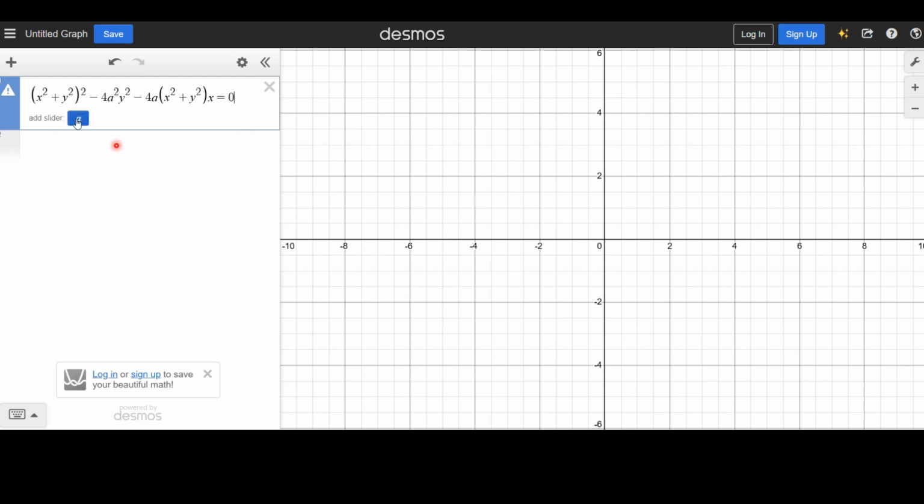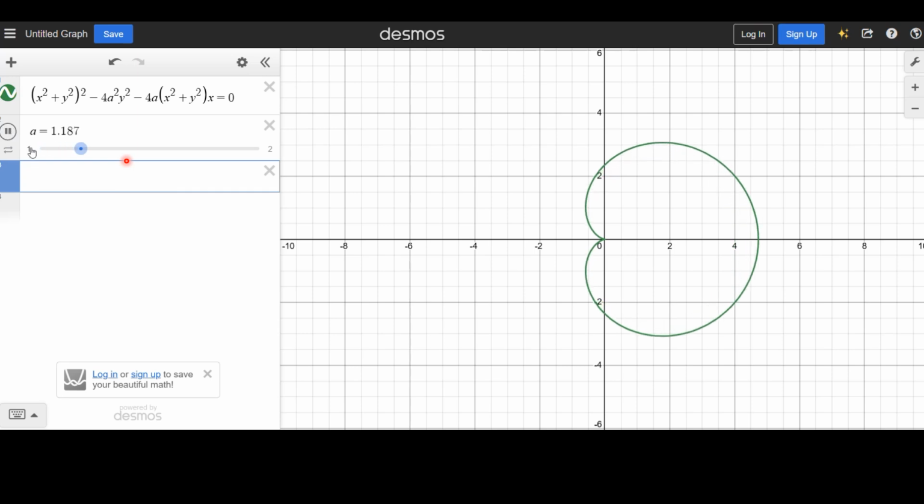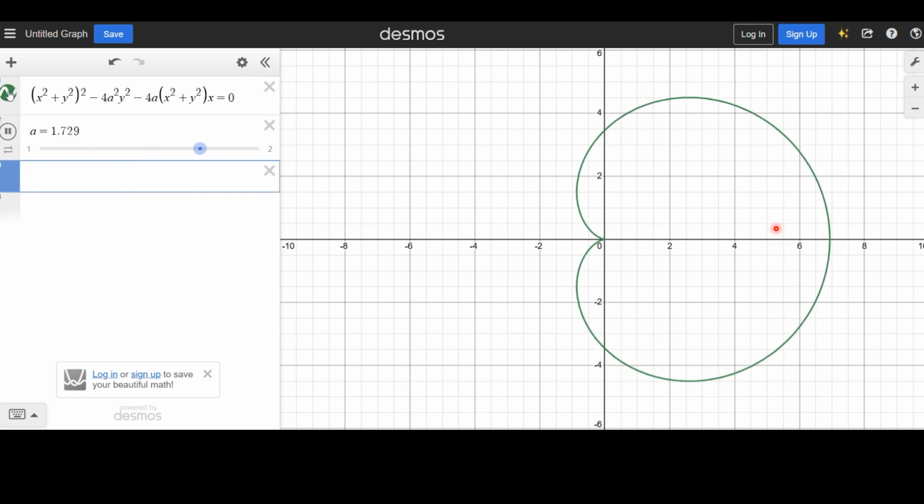And then we can vary r, since it's the radius, we create a slider. Let's set r to be from 1 to about 2, so that we'll see now a beating heart in a way. So when you play that, it's interesting. So you see the radius increase and decrease.